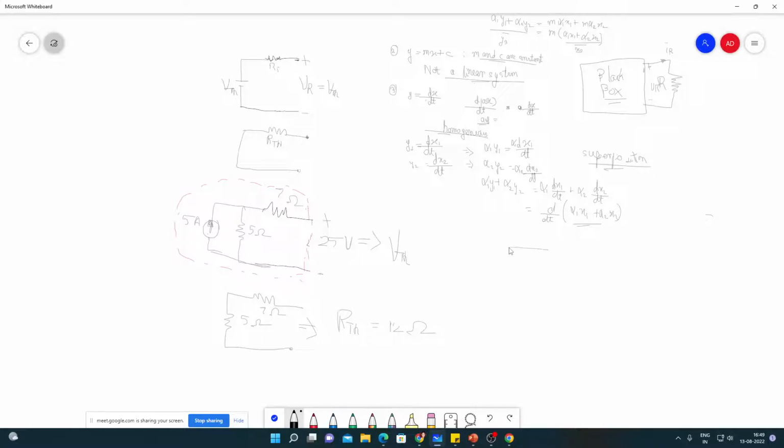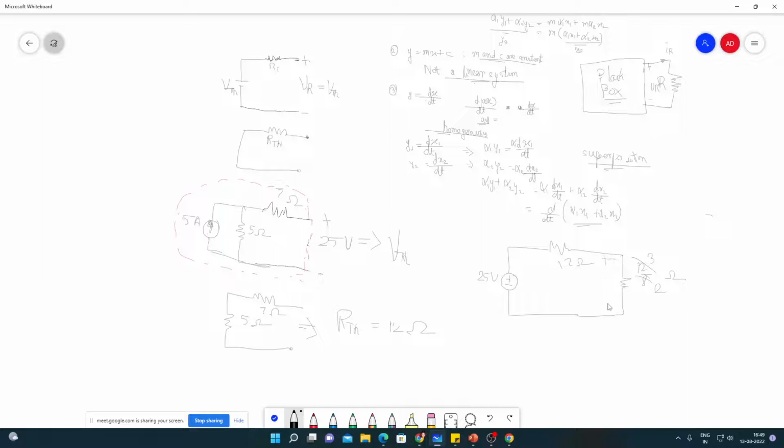So what we can write is, it's a voltage source of 25 volts represented in this form, and a Thevenin resistance of 12 ohms. And here we have the parallel of 6 ohm and 2 ohms. It will be how much? 12 by 8, and that is 3 by 2 ohms.